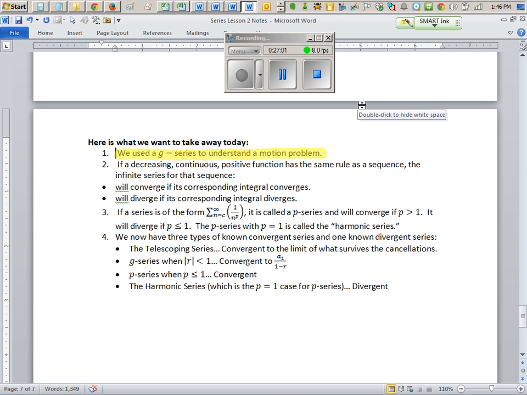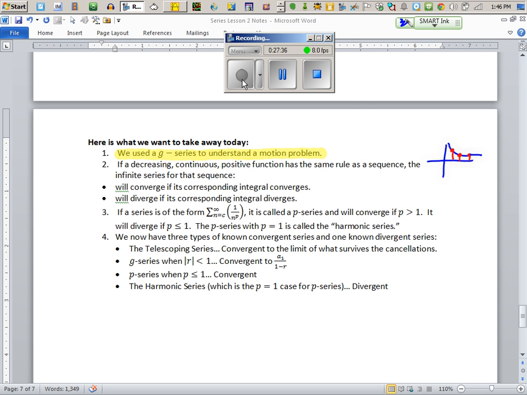We studied that if a function is decreasing, positive, and continuous, so basically like this, and there's a sequence with dots on it, and you have a sequence or a series that gives you dots right on this curve, then basically if there's finite area under the curve, then the red segments add up to something finite, and if the area under the curve is infinite, then the red segments add up to infinity. It's a good way to understand bullet 2 there. So we're using the integral to test the series.